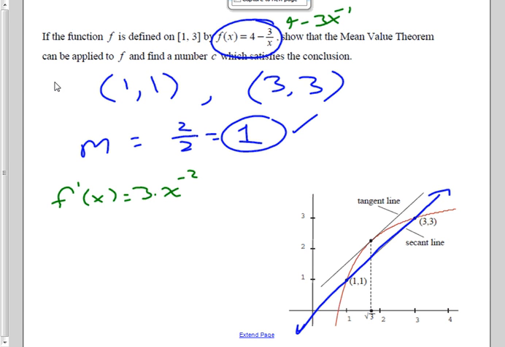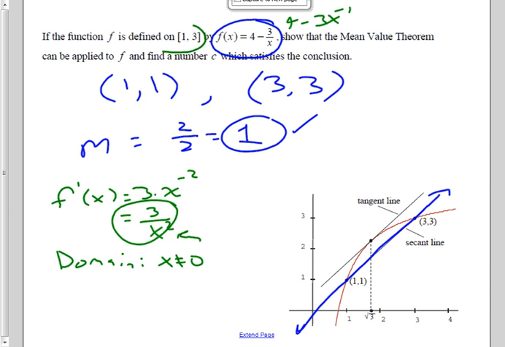So for our derivative, 3 over x squared, the domain is simply that x cannot be 0, because if it were 0, it would make the denominator 0. Since I'm only looking between 1 and 3, f prime of x is differentiable on that interval.